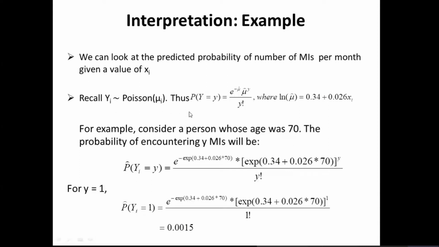If this is so, obviously the probability of experiencing y number of MIs will be e to the power of negative mu, mu to the power of y, over y factorial, where logarithm of mu is equal to this. In other words, logarithm of mu is this formula.